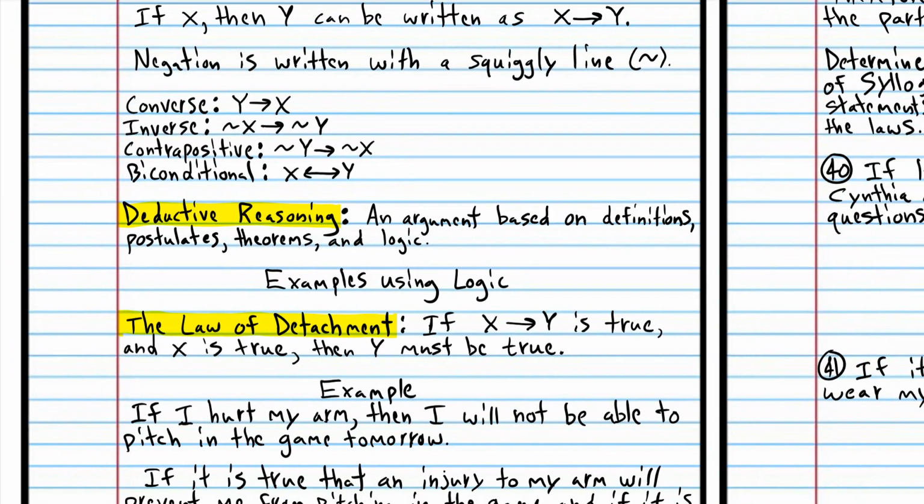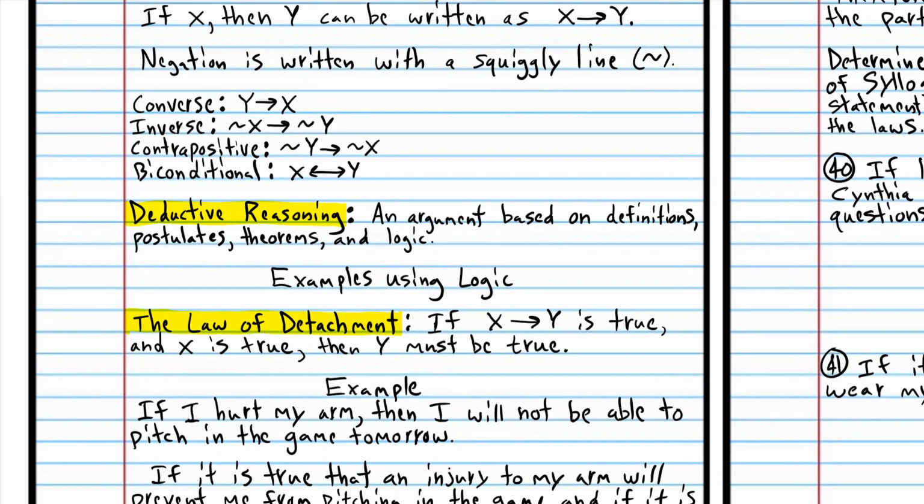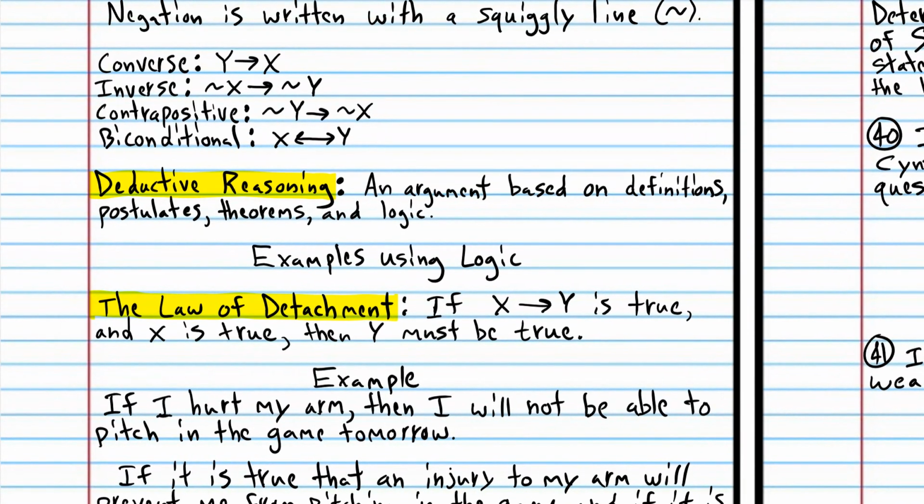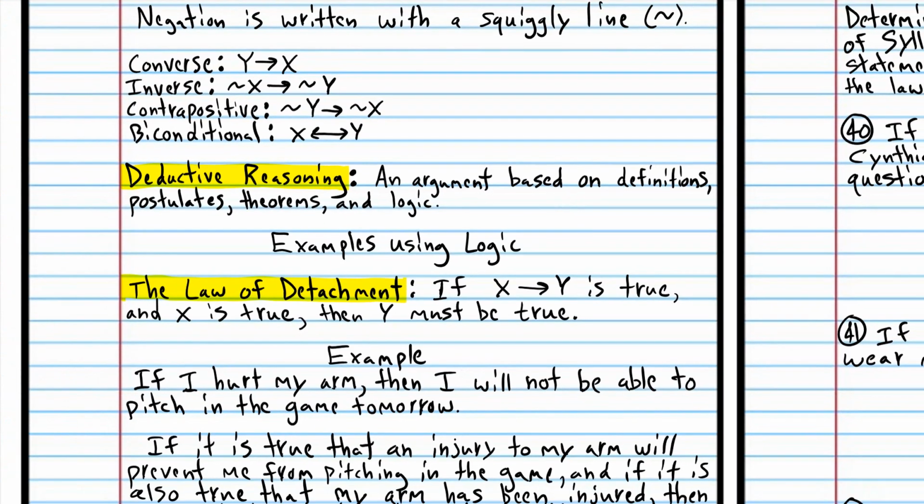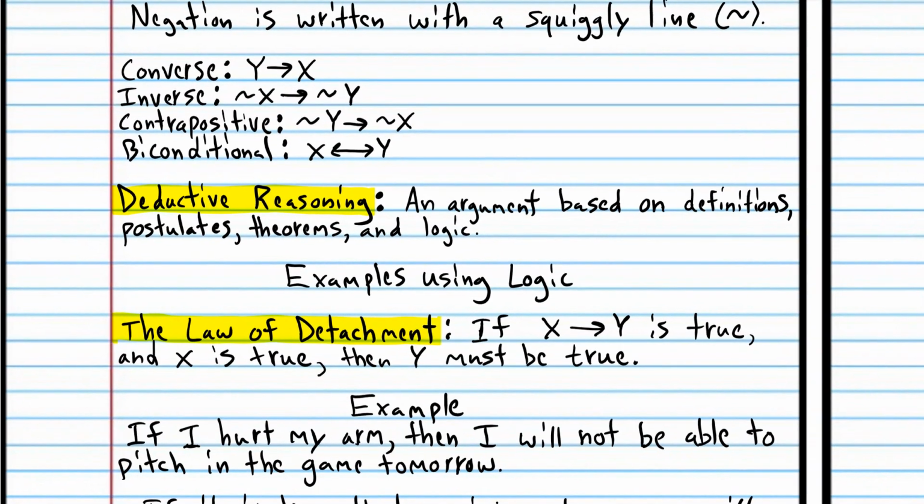All right, so now we're ready to go on to deductive reasoning, because some of you might be thinking, when are we going to get to deductive reasoning? Well, again, inductive reasoning is when you take specific examples and find a pattern and then make a conjecture based on that pattern. Deductive reasoning kind of goes in the opposite direction. It uses general ideas that are always true, like theorems and postulates and logic and definitions.